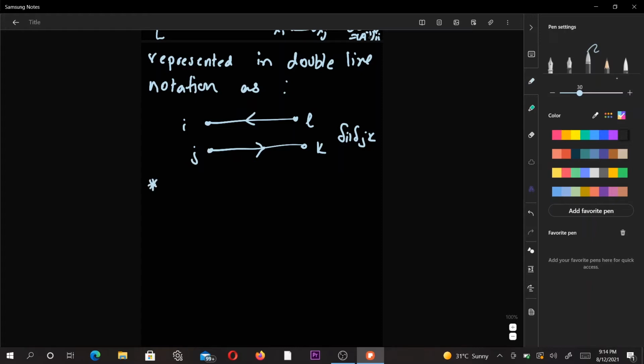So now consider our favorite example, the trivalent vertex, that is p equals 3.